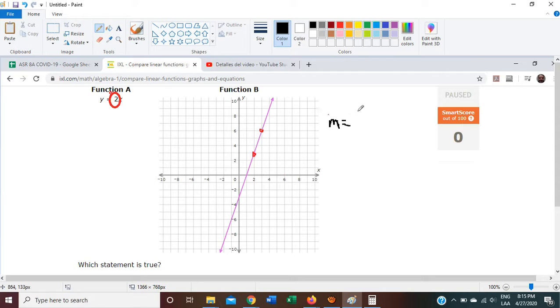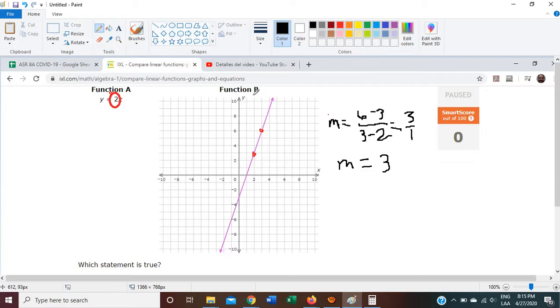The value is 6. So 6 minus 3. And what is the value of x here? 2. What is the value of x here? 3. So 3 minus 2 equals 3 divided by 1. So m equals 3.